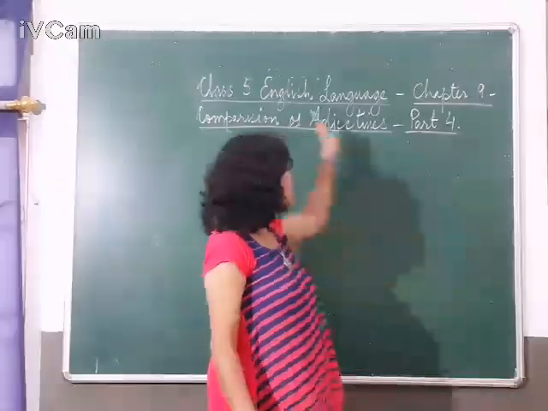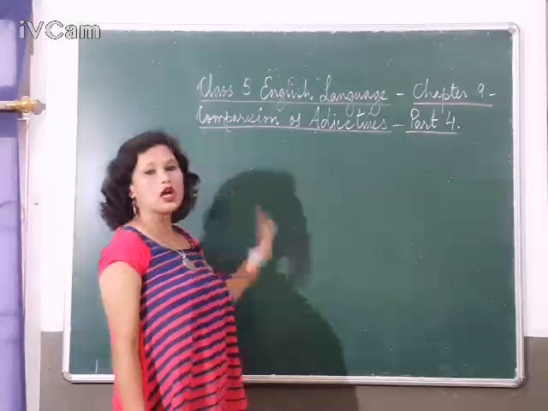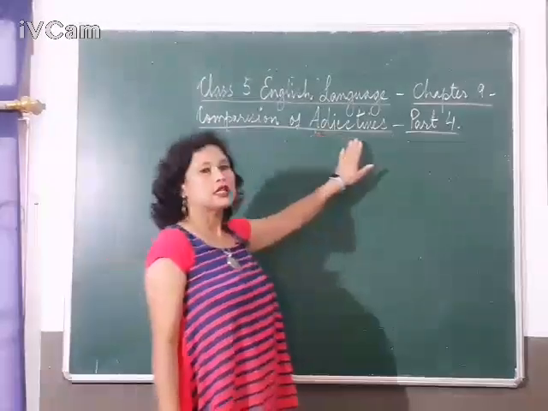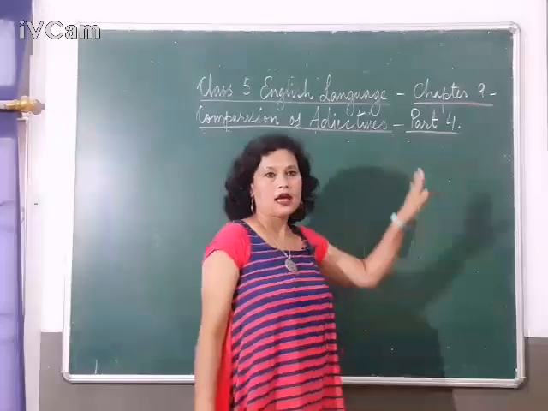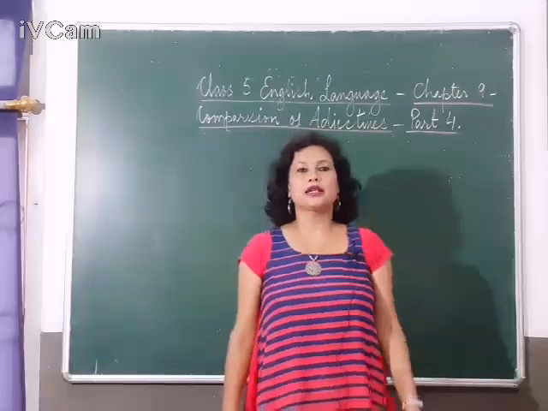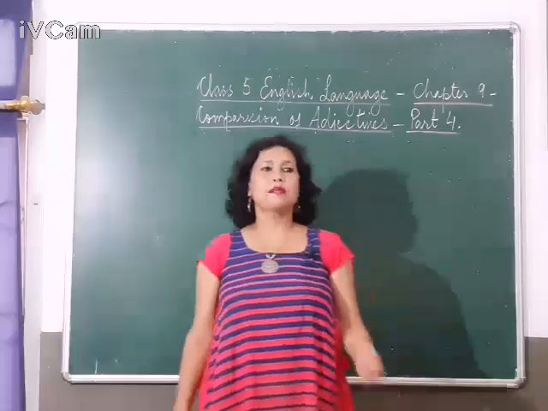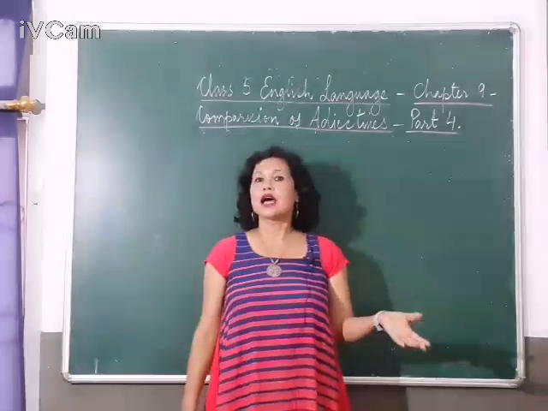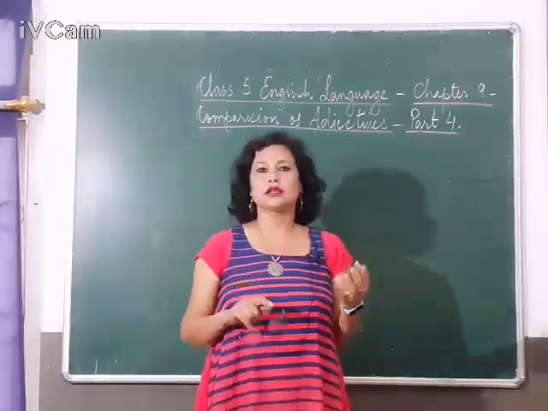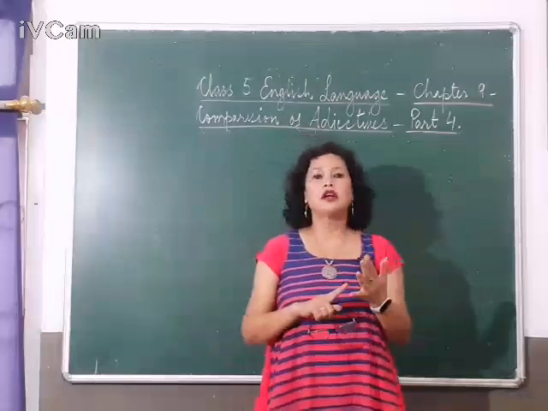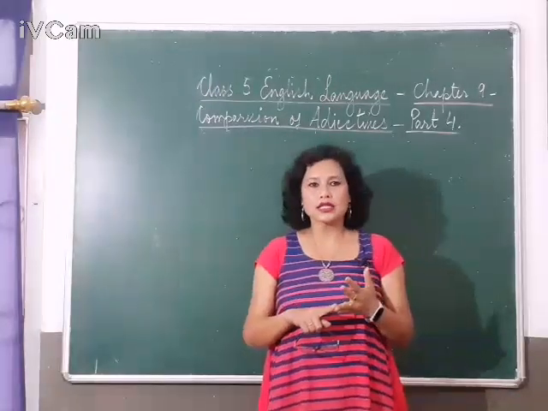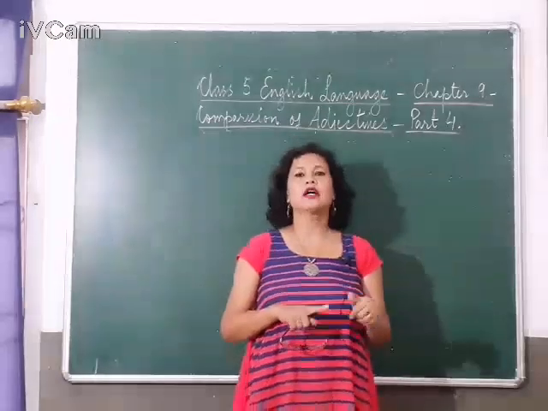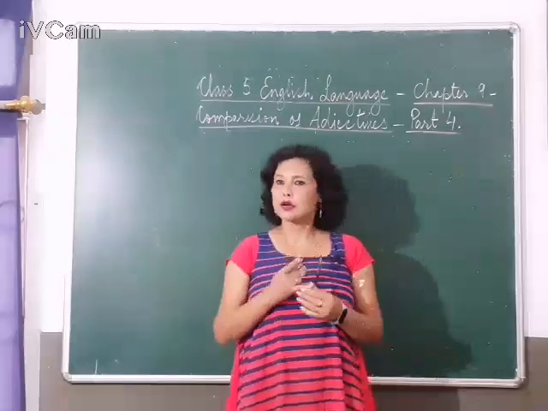Today, in English language, I am going to continue with the same chapter, Comparison of Adjectives. In the previous class, we had discussed kinds of adjectives. We did 6 kinds of adjectives: adjectives of quality, quantity, numbers, demonstrative, interrogative and possessive.